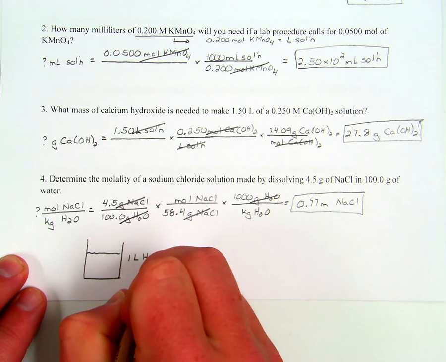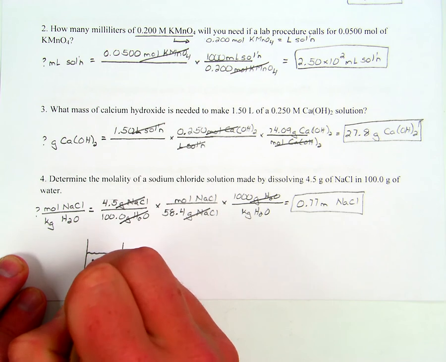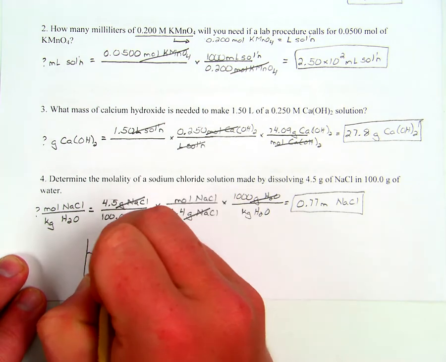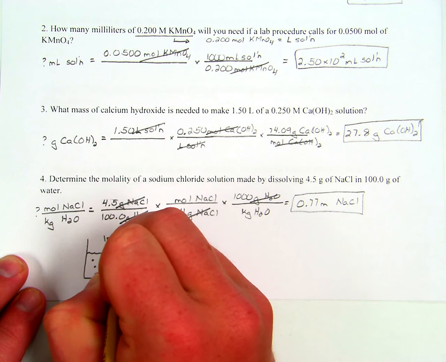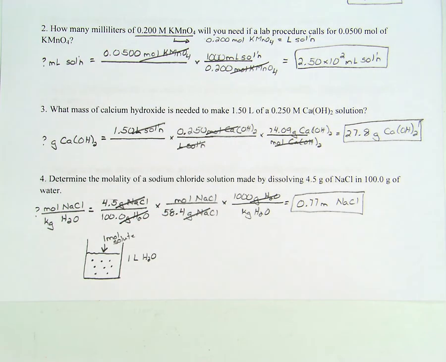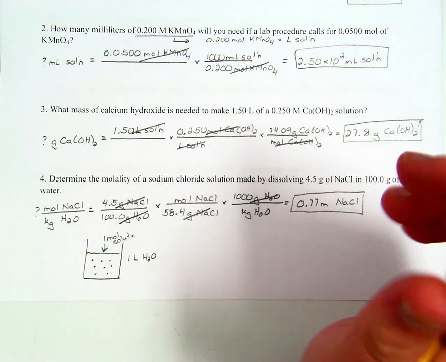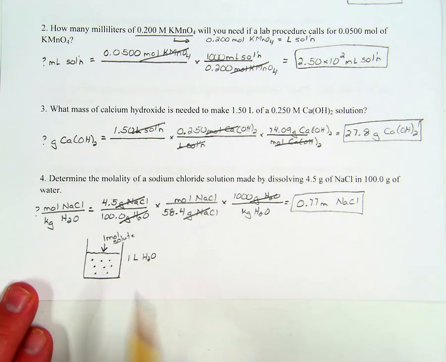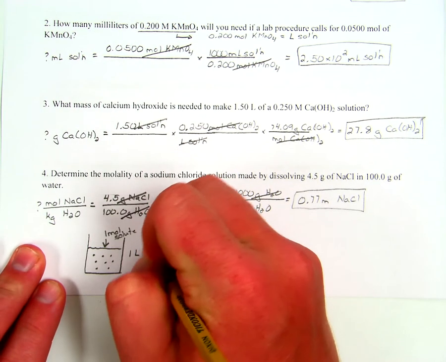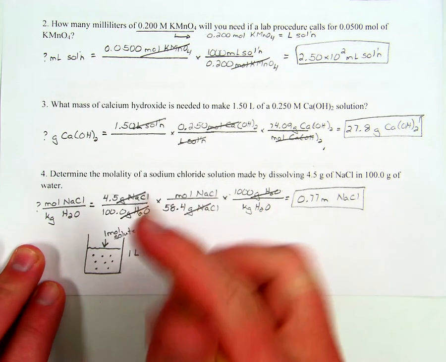Doesn't matter what the solute is, just say I have 1 mole of solute that I've placed into this solution. Now actually I just realized I made a mistake here. This should be 1 liter of solution, not 1 liter of water, because as we know, molarity is per liter of solution, not liter of water.